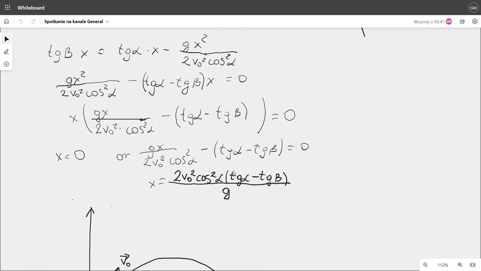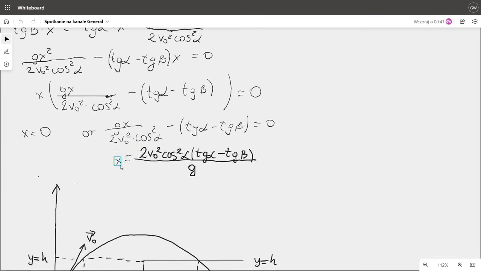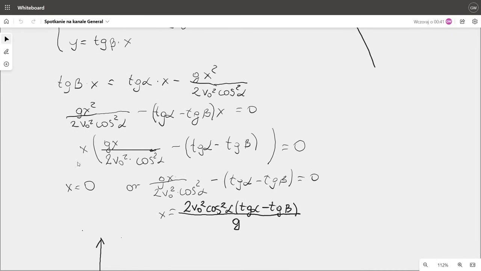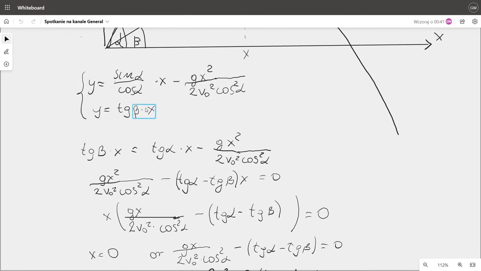Left side is equal to 0 if x equals to 0. This is the place from which we throw our body. The second solution was what we were looking for. If we put this value to first or to the second equation, we can calculate the value of y.